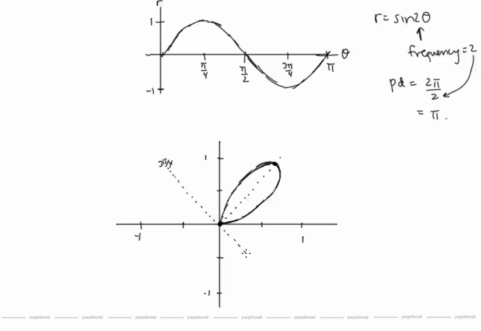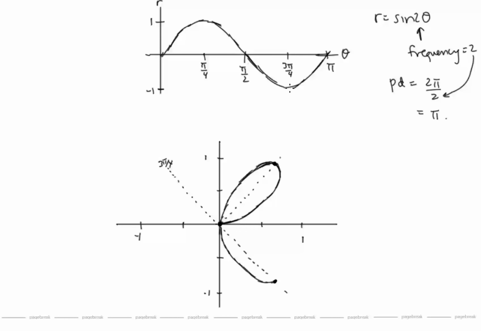So that means we have to go back in this direction, and that would be about here. So for the angle values between pi over 2 and 3 pi over 4, the radius values are negative, and they're getting more and more negative towards negative 1. So we're here.